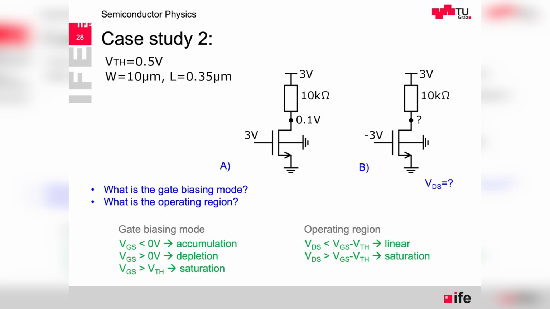So the transistor is fully switched on. Again, it's in strong inversion. And the drain voltage, when we look at it, 0.1 volt is certainly smaller than VGS minus VTH, so we are in the linear region. What about case B?